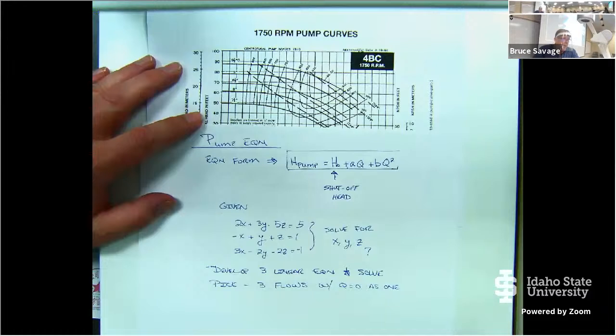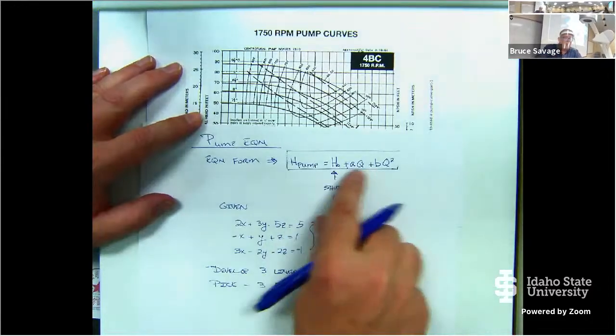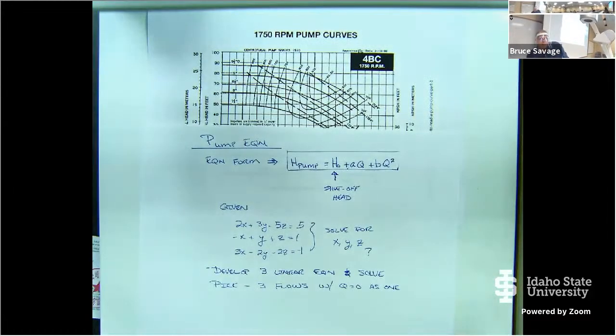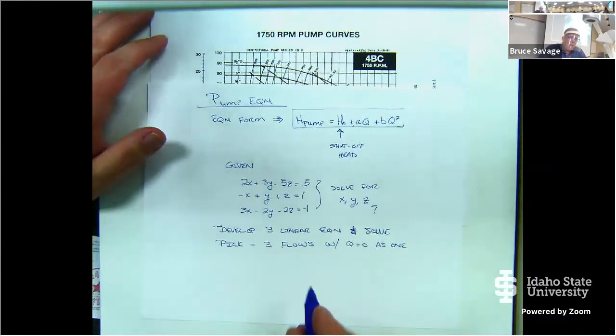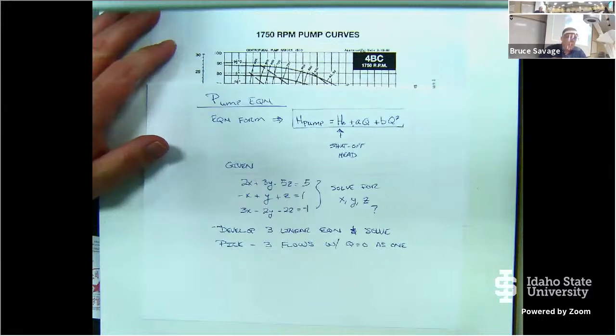Now I can choose to find my pump curve either in cubic feet per second, cubic meters per second, gallons per minute, or liters per second. But I need to be careful, because it's going to give me different values based upon my units. For this graph, I want to match it up with my system curve, and my system curve is in cubic feet per second.